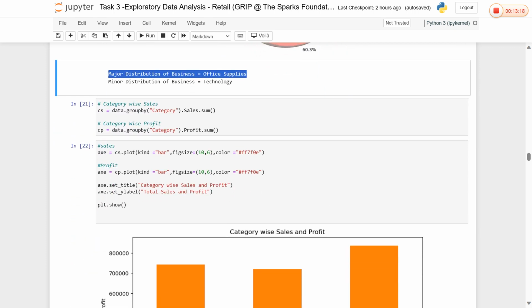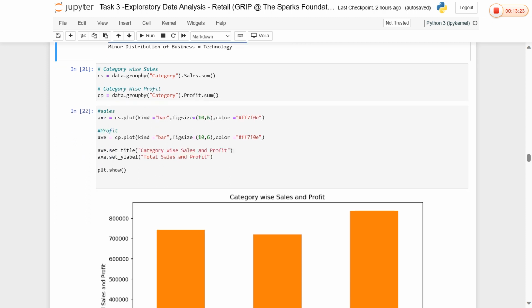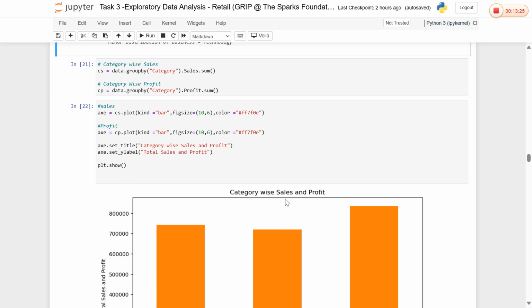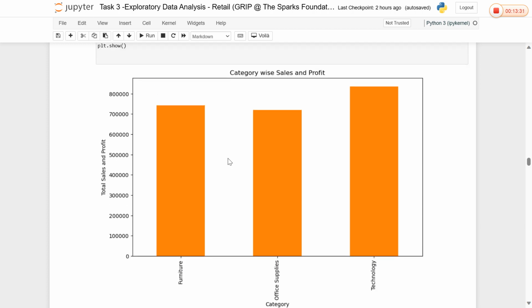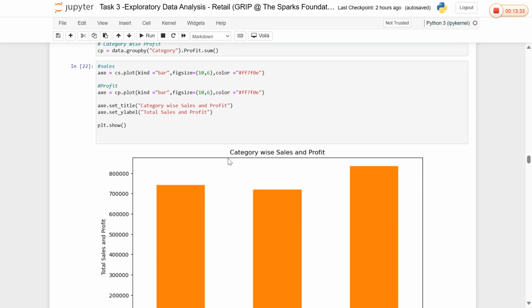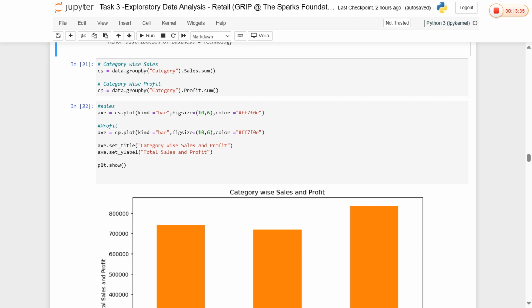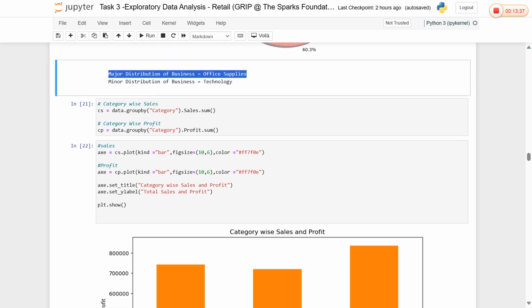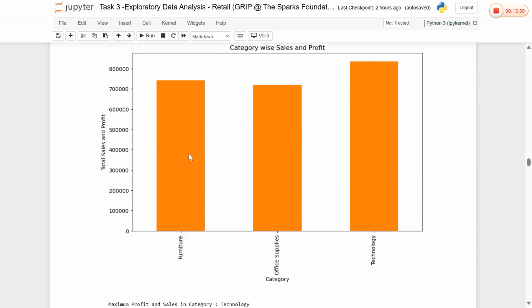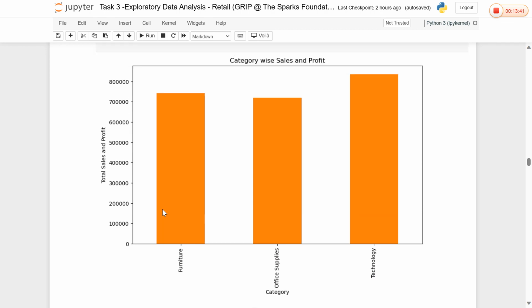Now next we have analyzed the data by plotting total sales and profit versus category. So we know how the total sales and the profit differ.